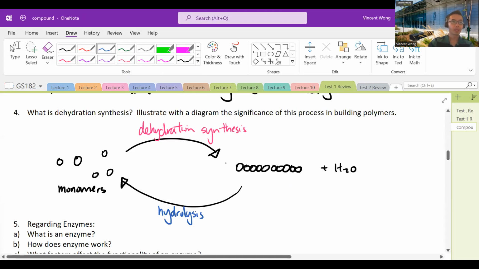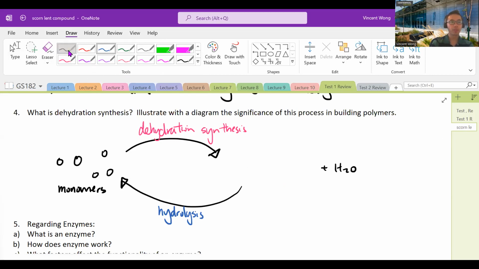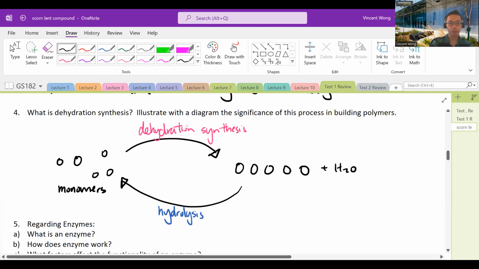Okay, so there we go. Again, what connects the monomers together? Probably should draw it better here, right? These bonds that hold them together are covalent bonds. All right.